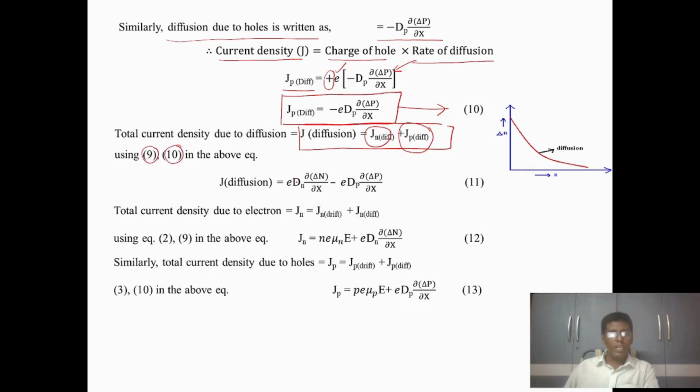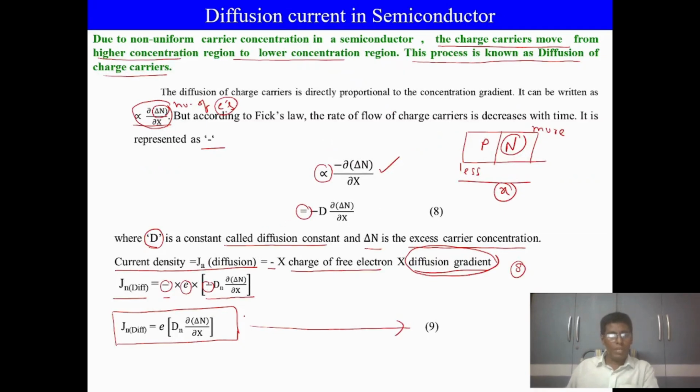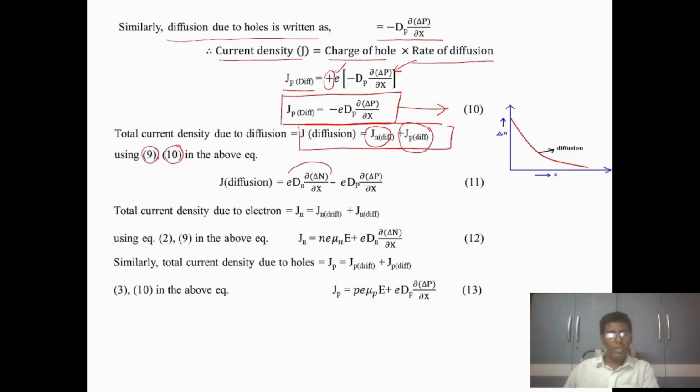Equation number 9 is e Dn ∂Δn/∂x, and substituting equation number 10 for Jp diffusion gives minus e Dp ∂Δp/∂x. Let us consider this as equation number 11. This is the current density due to the diffusion of charge carriers, called the total equation for the current density because of the diffusion process.